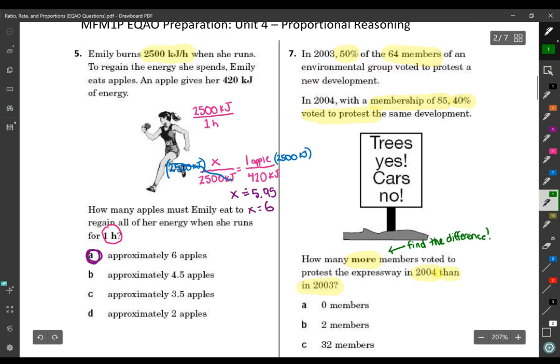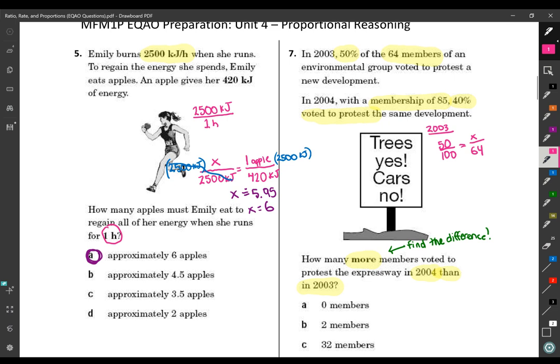Okay, so in 2003, let's figure out how many people voted. 50% is 50 over 100. 50% of 64 members. So all we have to do is solve for x.